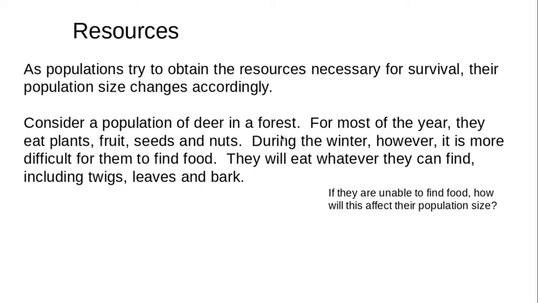For most of the year, they eat plants, fruit, seeds, and nuts. But then during the winter, those food sources become difficult for them to find. They will then eat whatever they can find, including twigs, leaves, and bark. If they're unable to find food, how is that going to affect their population size? Obviously, their population size will decrease.